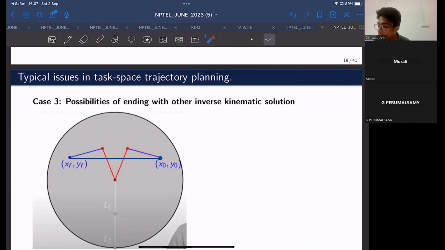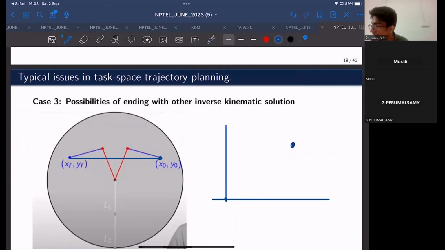As it comes out of the singular position, it will come out something like this. As you have already seen in previous weeks, the 2R robot can have two inverse kinematic solutions. If this is the final position, X goal, Y goal, the 2R robot can have two inverse kinematic solutions.